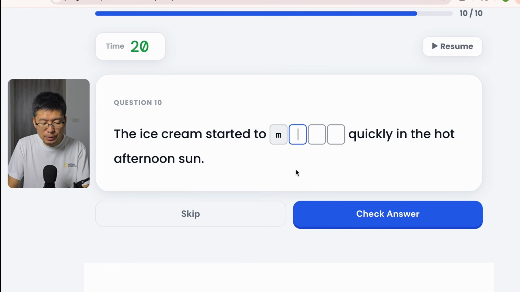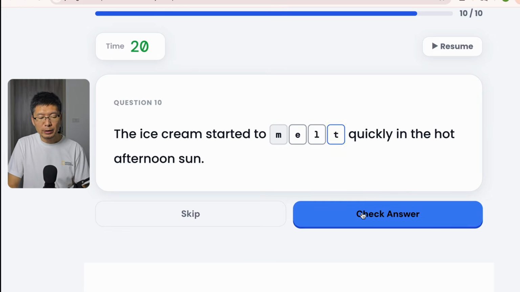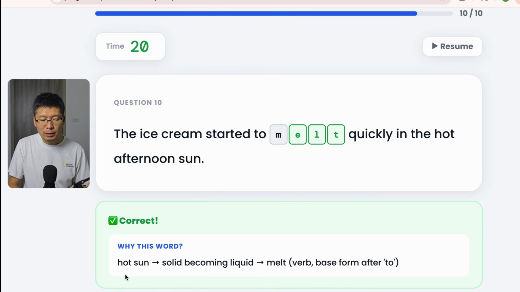Okay, the answer is melt. Let's check. Because it's a hot sun, the ice cream is a solid and becomes liquid, right? So the verb is melt, after "started to do something." The form is melt.